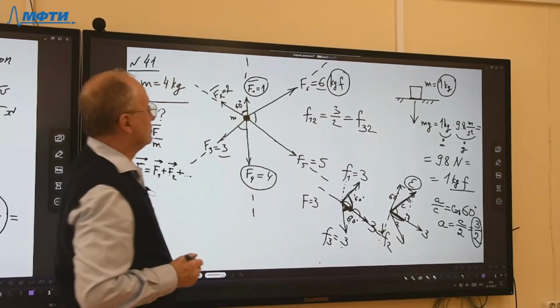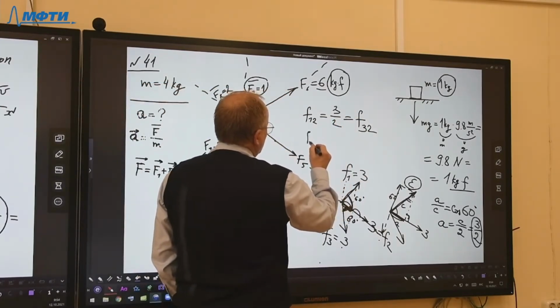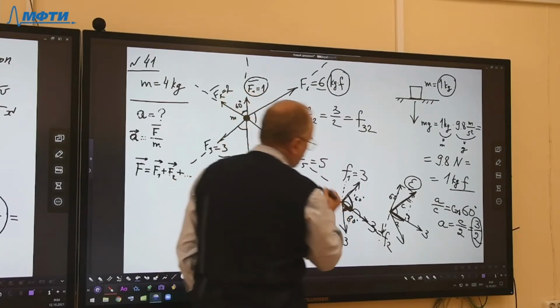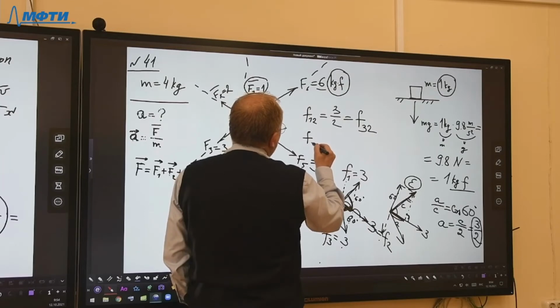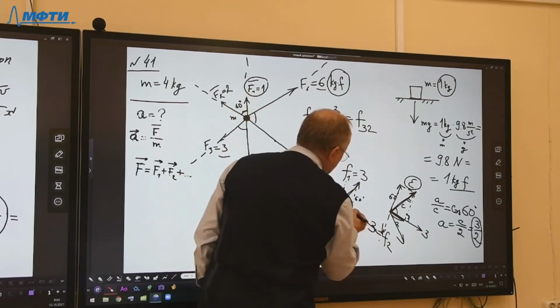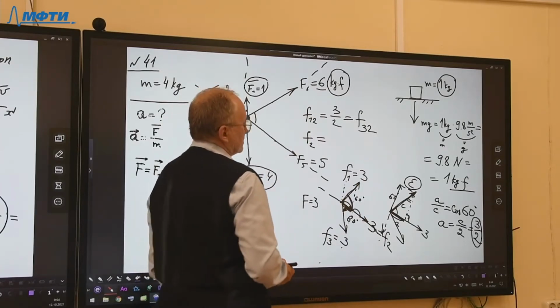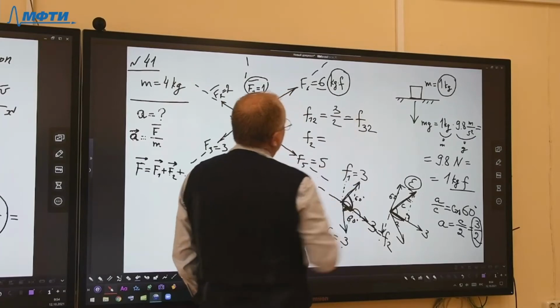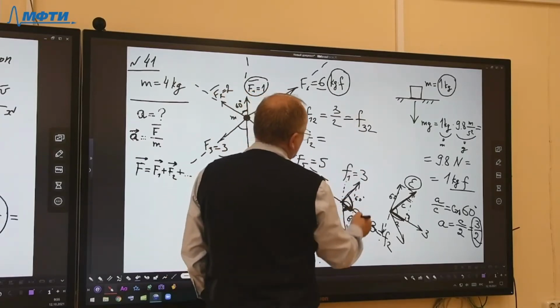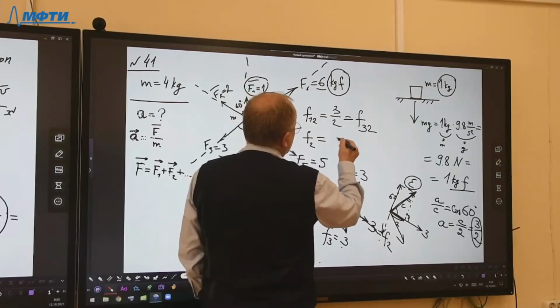These are two equal components, and therefore the total force acting in the direction of F2 will be F2 itself plus the two components of the two other forces which we have calculated. Each component is 3/2, so the sum of two components will be 3, and the force F2 itself is 3.